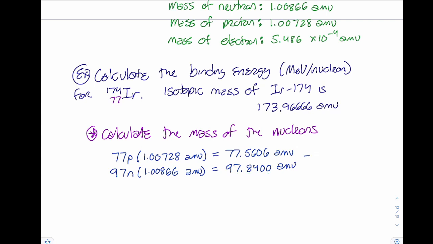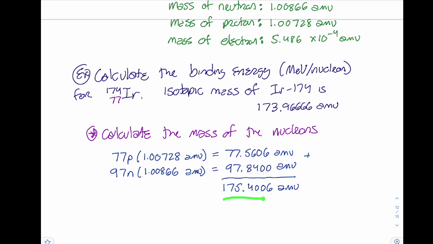And then we're just going to add those two numbers together, and I get 175.4006 atomic mass units. When we're adding, we count digits after the decimal point: 1, 2, 3, 4 in each.